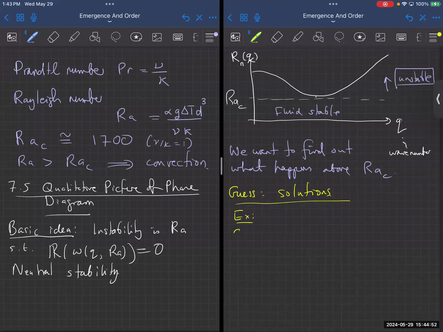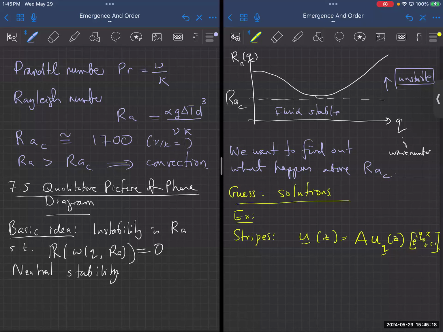You might have stripes. A stripe would be the velocity field as a function of z, some amplitude u as a function of q in the xy plane, times e to the i q naught x plus its complex conjugate.